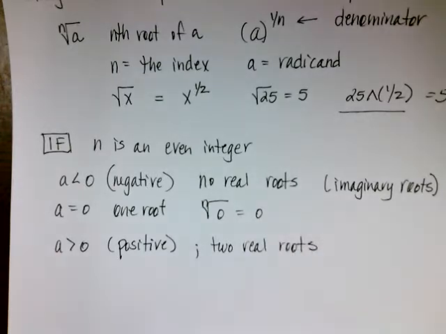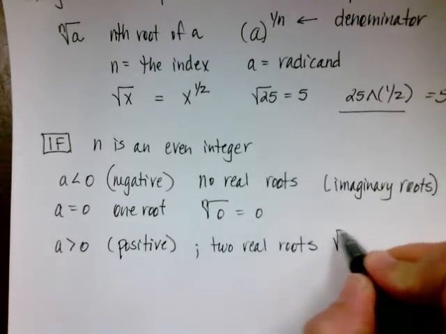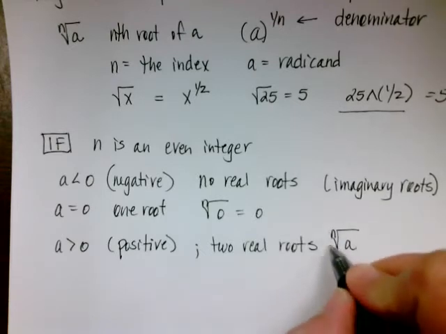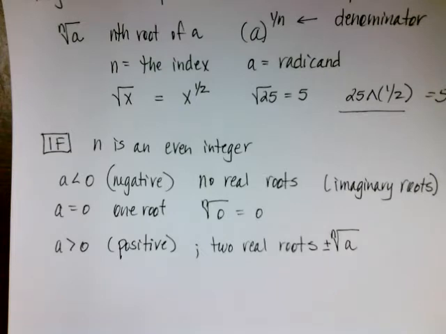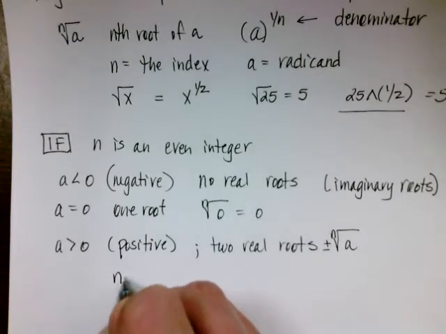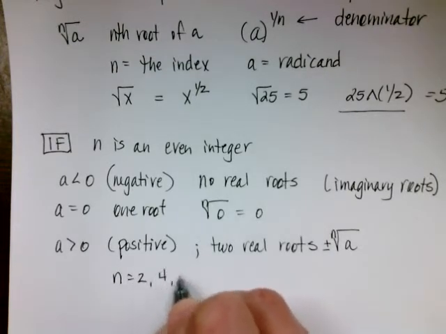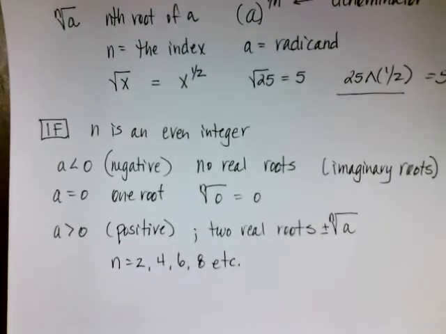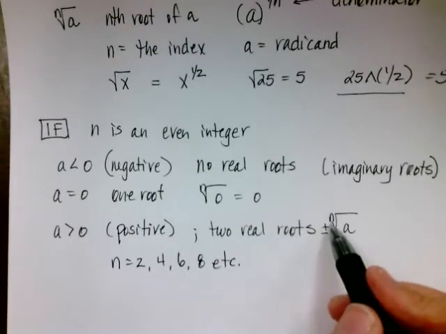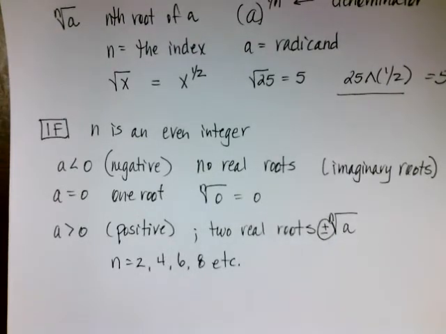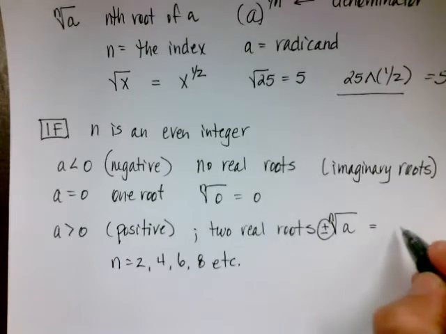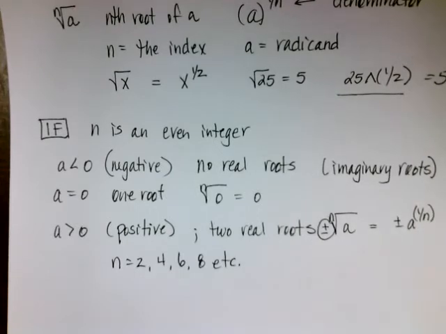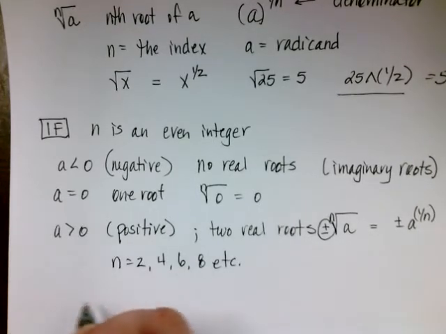Remember, if I'm taking an even root, it's going to give me 2 answers, plus or minus. For example, n could be 2, 4, 6, 8, etc. Those would all be even roots. Anytime there is an even root, I get 2 potential solutions, plus or minus. I could rewrite this as plus or minus a to the 1 over n.